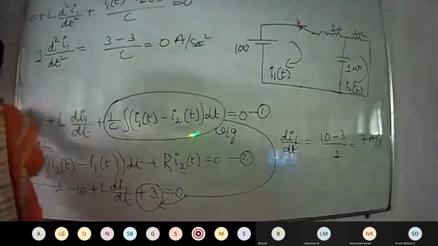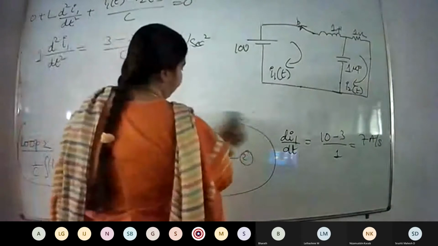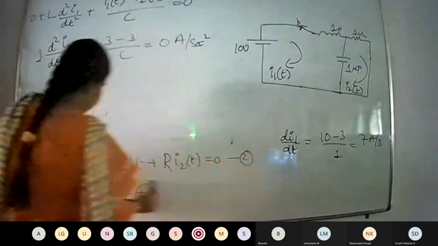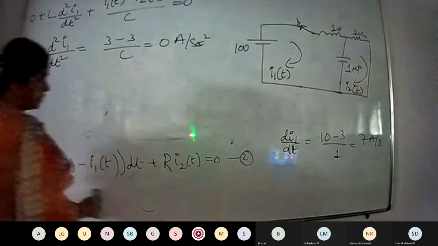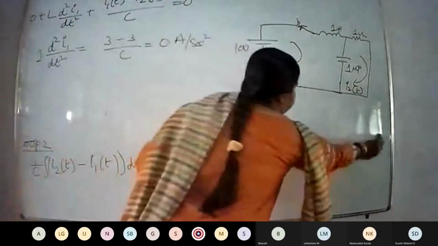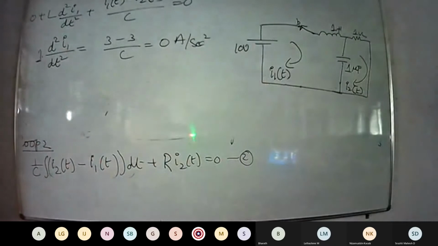From loop 1 we found the first current and its derivative. Next we go with loop 2 to find the second current. Just differentiate equation 2.